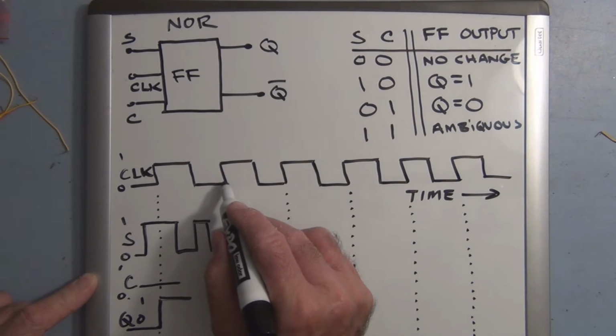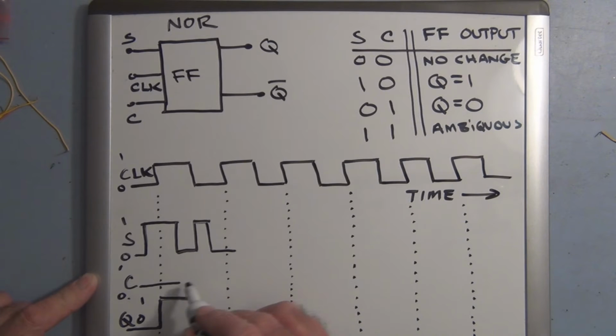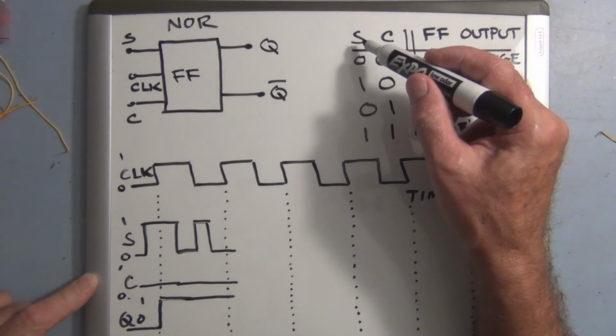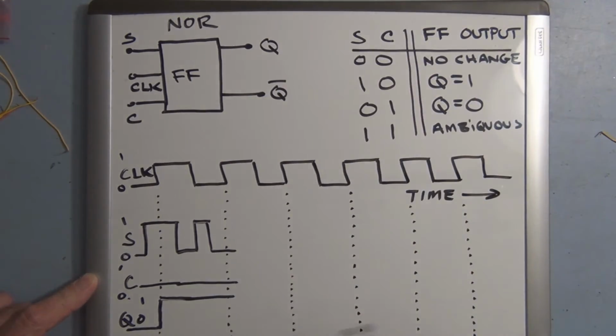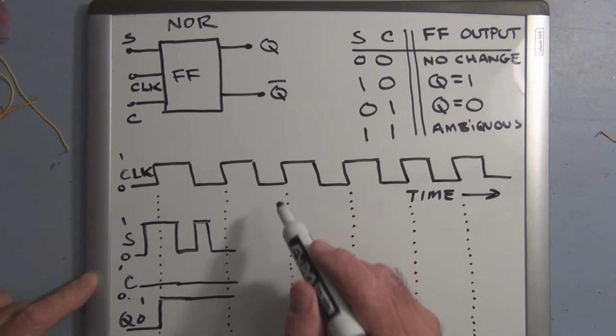So if at the next rising edge of the clock pulse the set is 0 and the clear still is 0, the Q will not change, because a 0 and a 0 on the set and the clear is a no change condition. So the next chance for it to change is on the next leading edge.